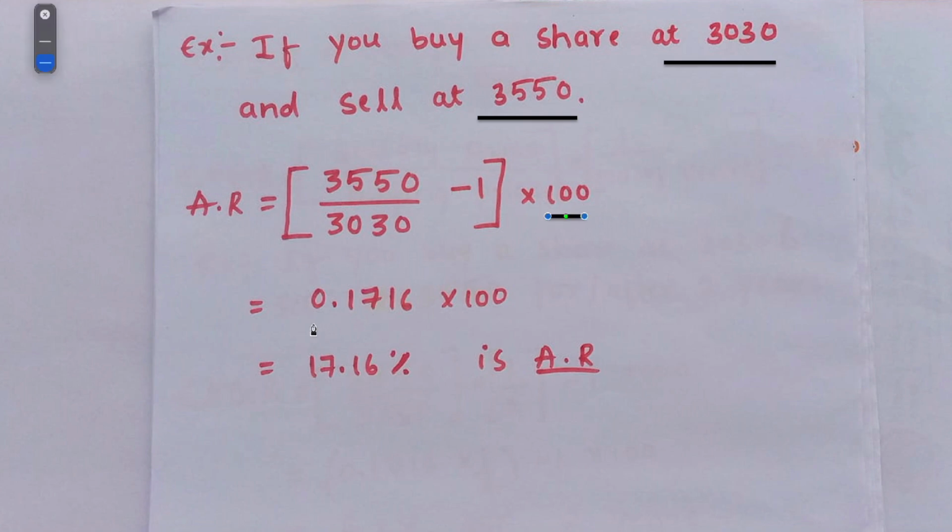That gives 0.1716 into 100, which is 17.16 percent. This is the absolute return.